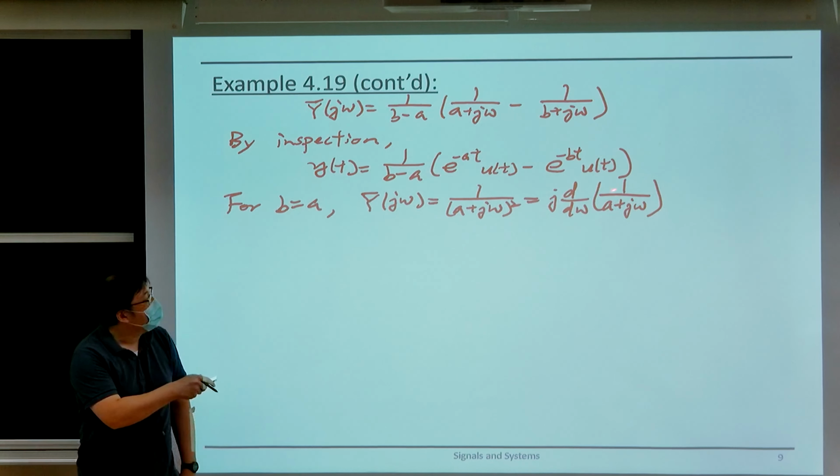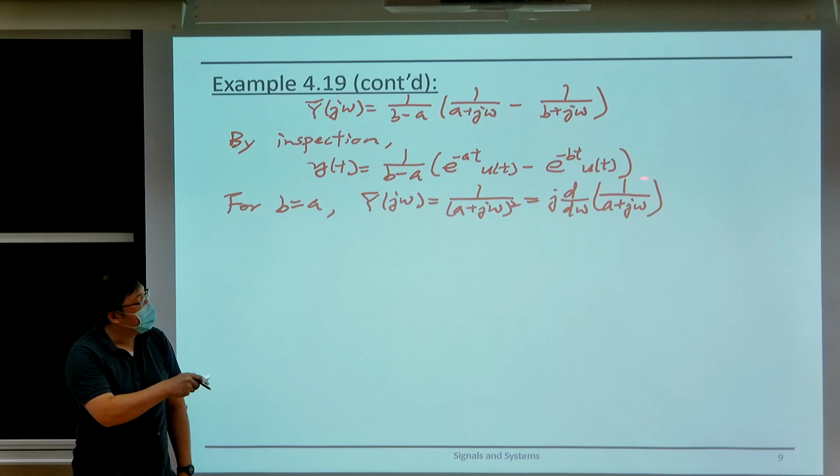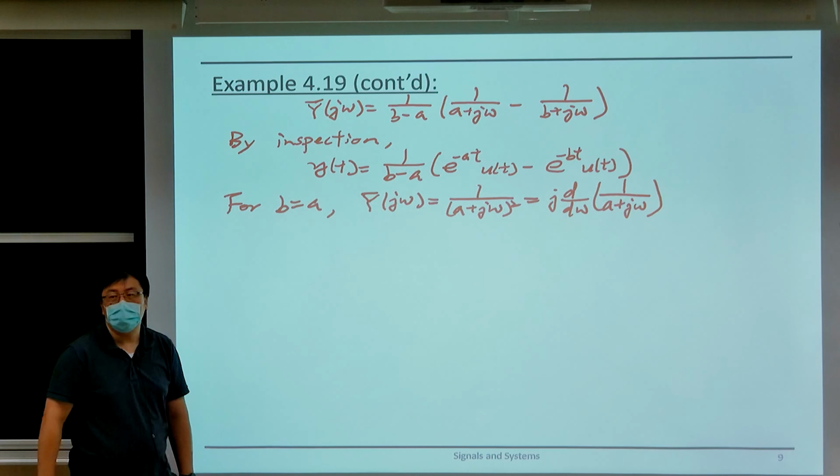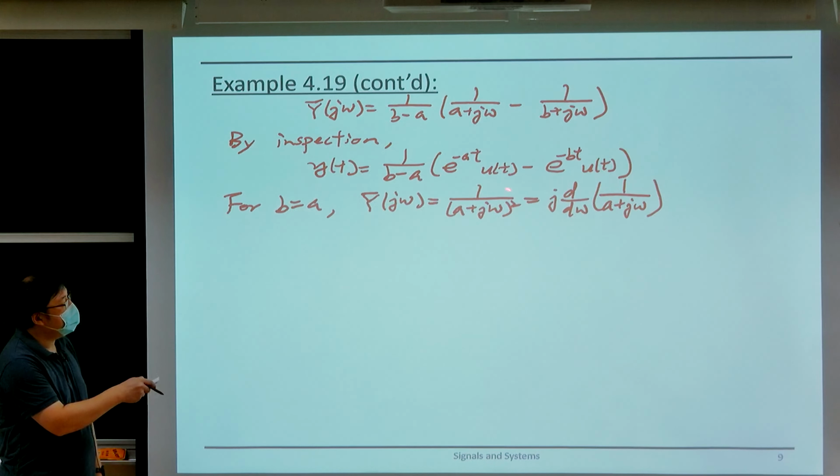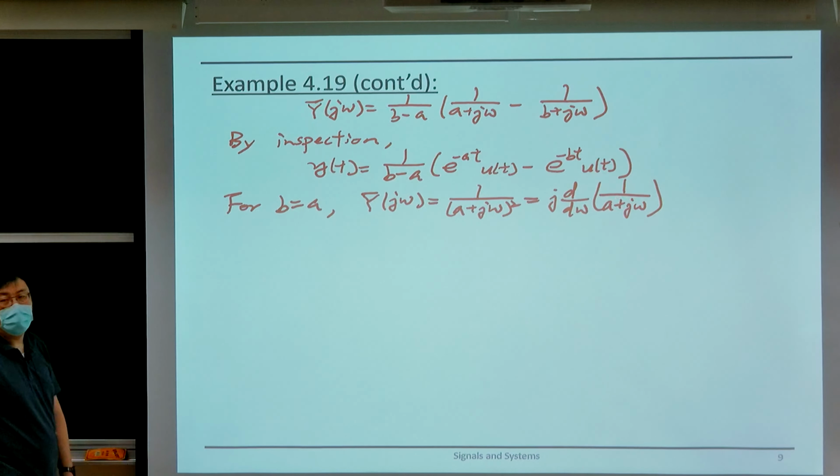Because when you take the derivative of this, this becomes squared, and you will bring out a minus j outside, which when multiplied by j becomes 1. So this 1 over (a plus j omega) squared can be written as j times the derivative of 1 over (a plus j omega).